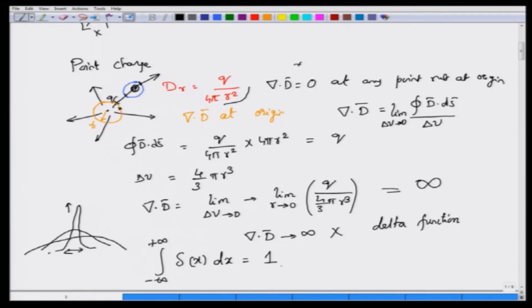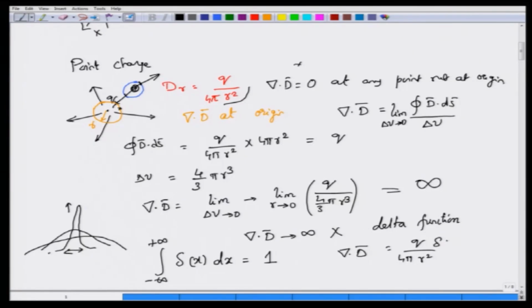This is called a delta function, and in terms of this delta function, you can show that the divergence of the D field at the origin will be given by q by 4 pi r square. If you just leave it like this, obviously this is going to go to infinity at r equal to 0, which is the origin where the charge is kept.